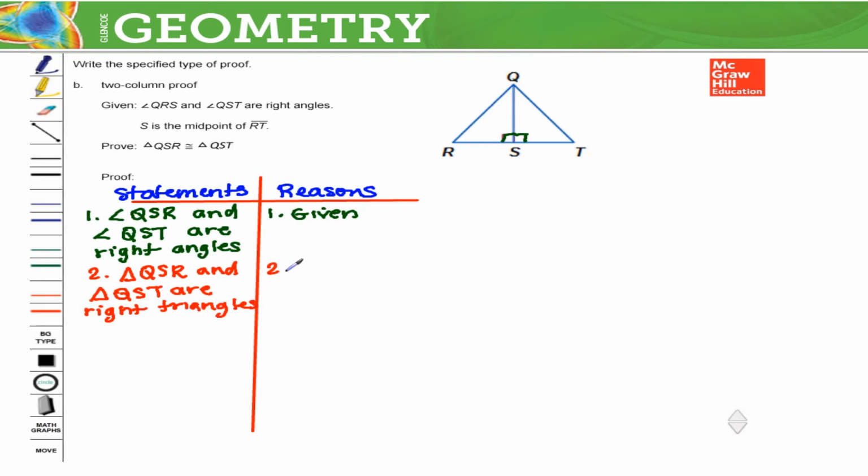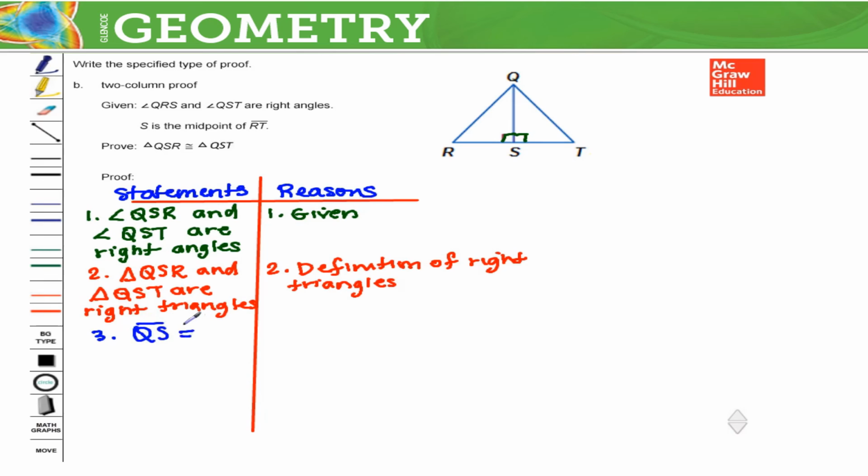And the reason is the definition of right triangles: a triangle with a 90-degree or a right angle.